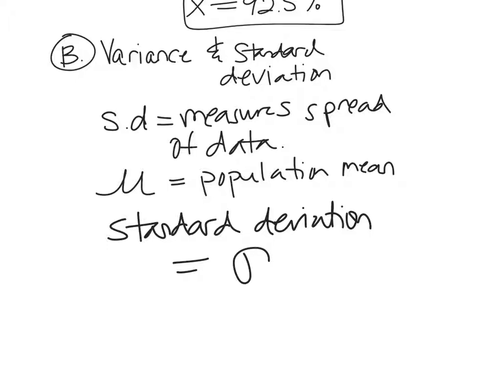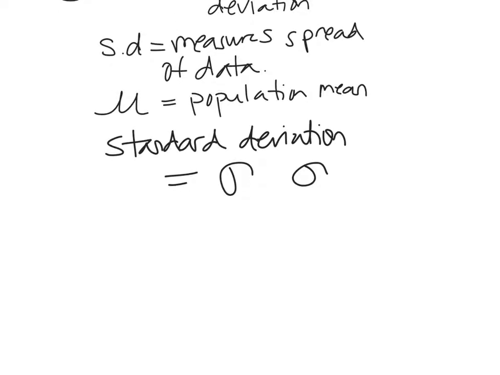I probably don't write it the same way as the other teacher does, but I'm not very good at writing that sigma. And then variance is going to be standard deviation squared. It says typically 2/3 of the data values are within 1 standard deviation of the mean. That's typical. The larger the standard deviation is, the more spread out your data is. All right.